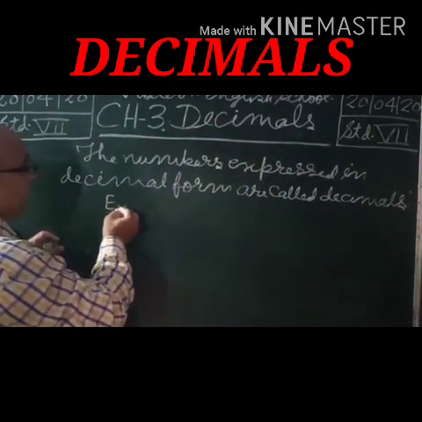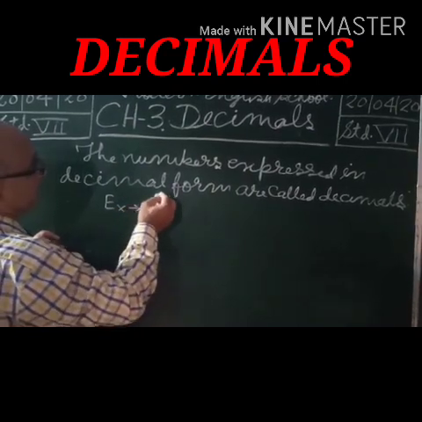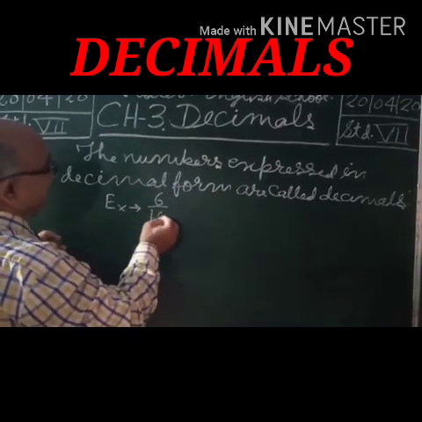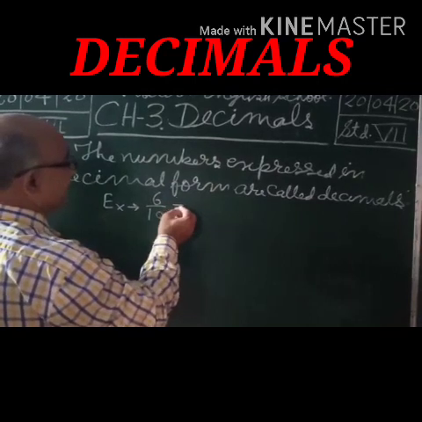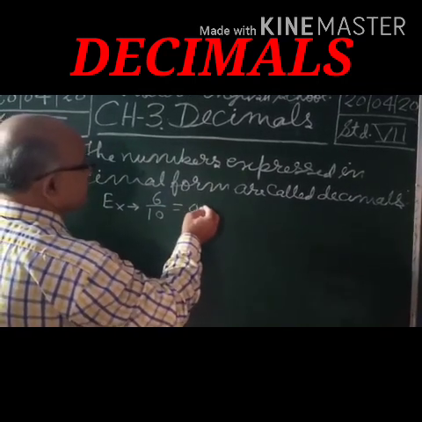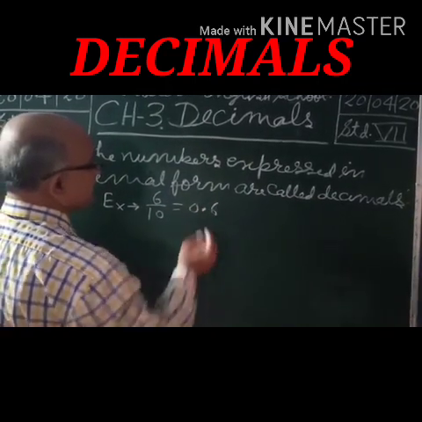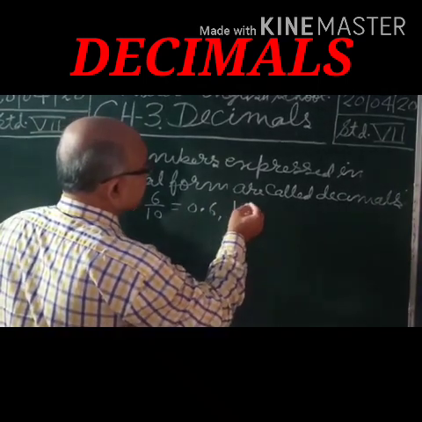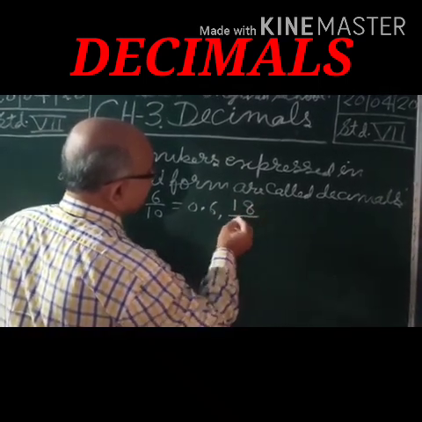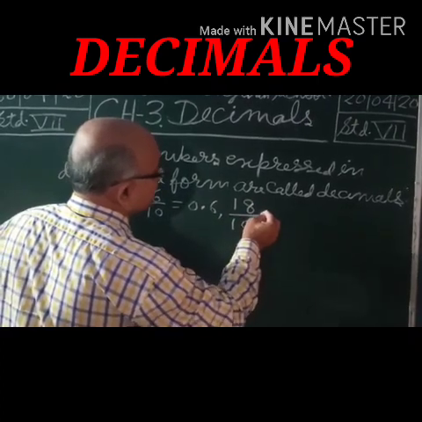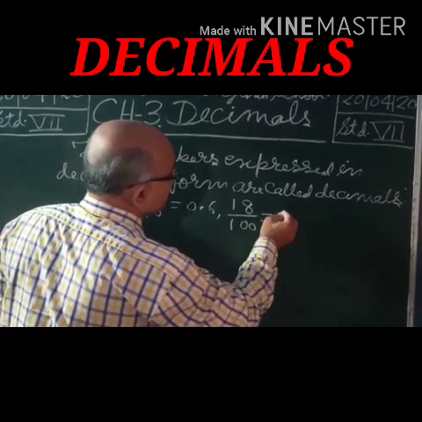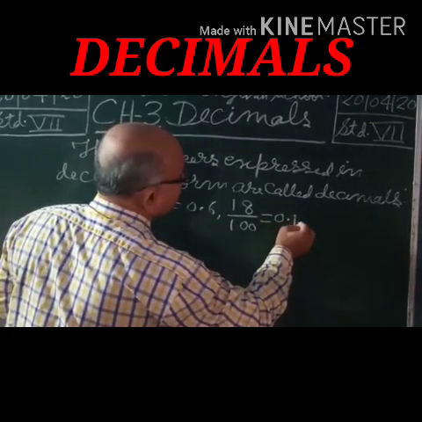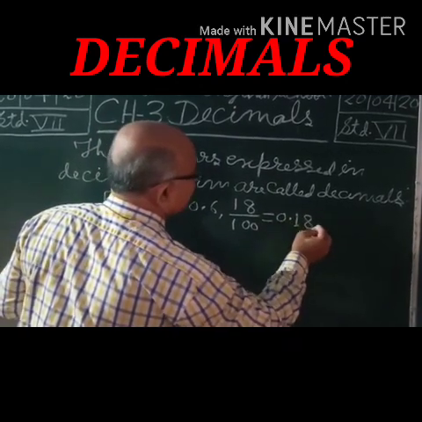Some examples here, such that 6 by 10. 6 by 10 change into 0.6. Next, 18 by 100 equal to change into 0.18.